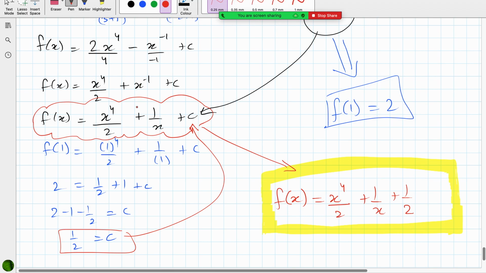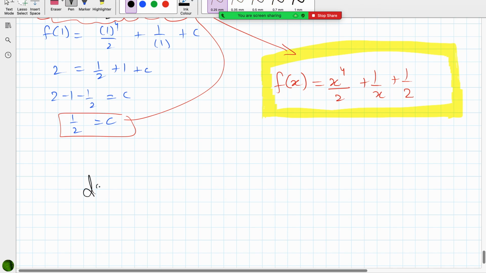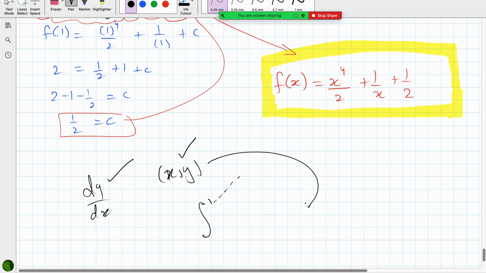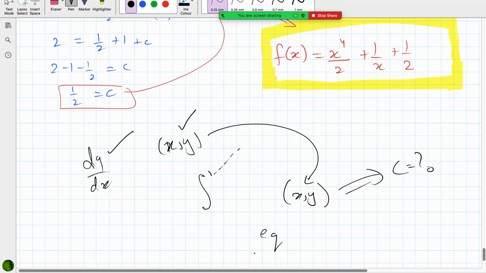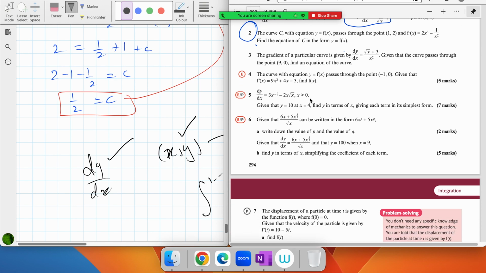You have the differential, integrate it, substitute the given value to find C, rewrite the equation. dy by dx is given, one pair is given, so we go for integration and then we substitute the given pair to find C, and then we state the equation and that's done. Question number 3.